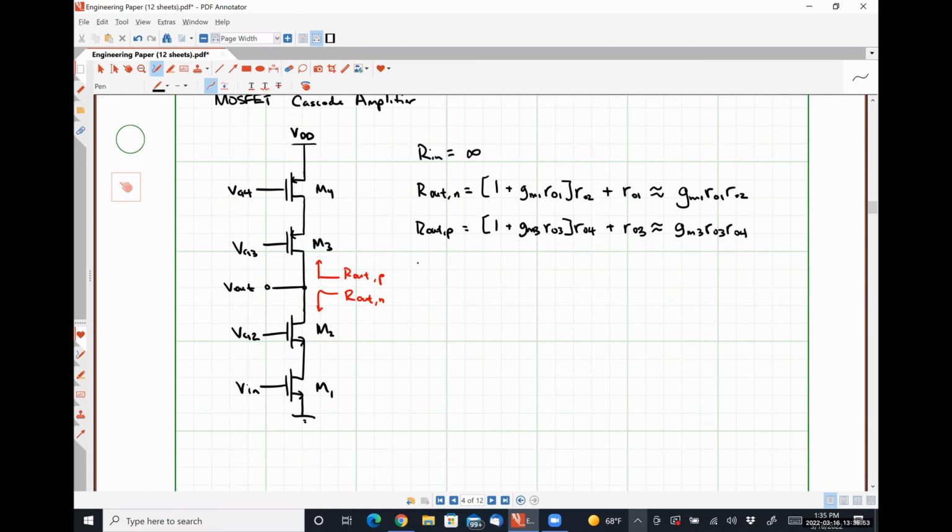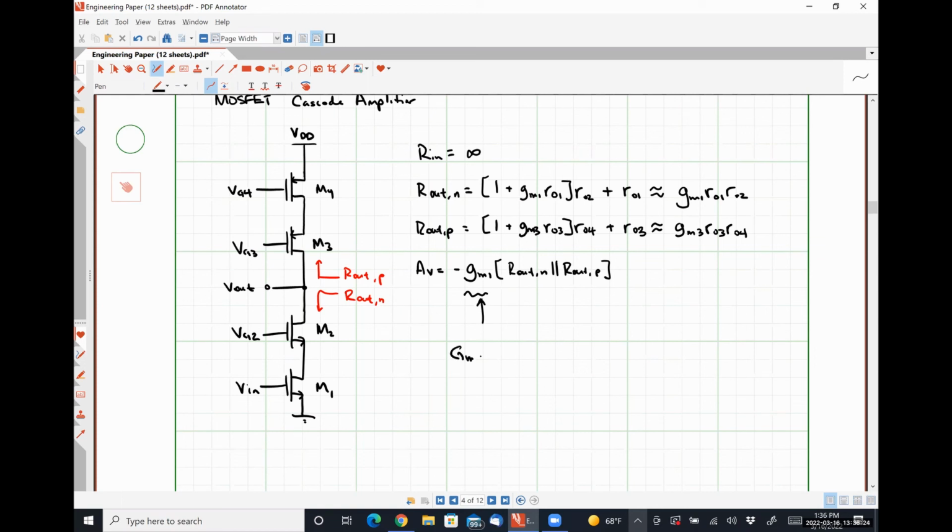Okay. Our voltage gain, AV, is just going to be negative gm1 times R out N in parallel with R out P. Let me point something out here, okay?